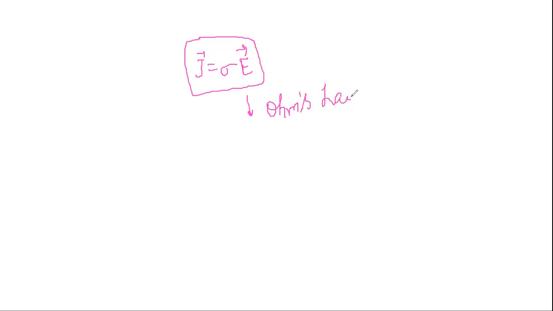J is equal to sigma times E. Let me write it here. Can you see on the board? Yes, sir. This is the point form of Ohm's law, where sigma is the conductivity, E is the electric field, and J is the current density.